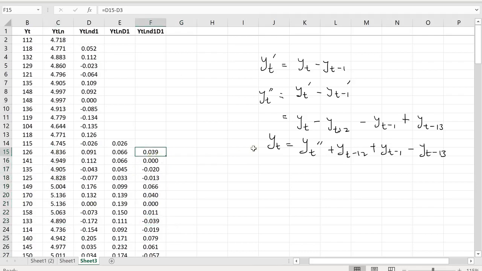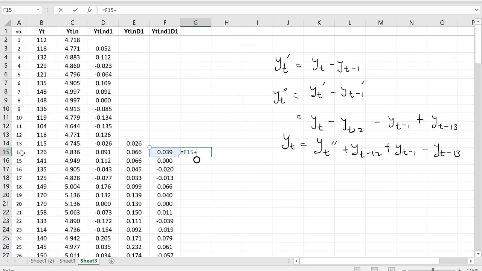So yt, this is yt that we want to find in the original scale, equal to the double prime data. So this is the double prime data plus yt minus 12. So this is 14 minus 12, which means 2. So plus 2, and then plus yt minus 1.